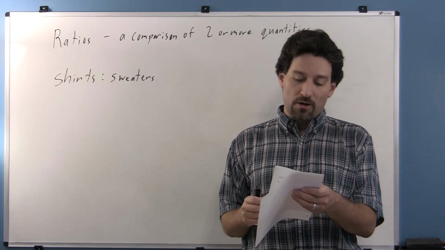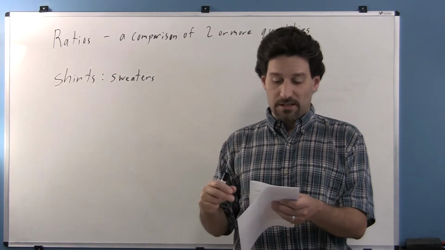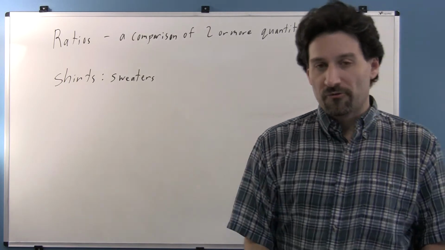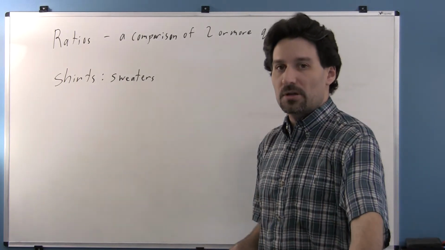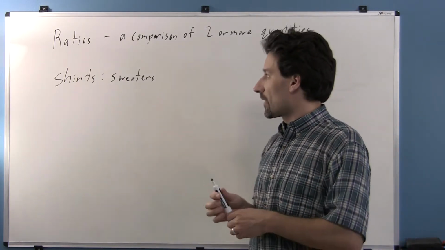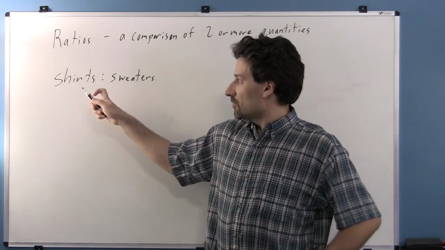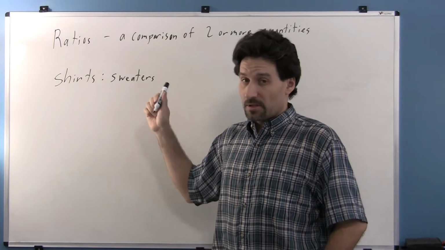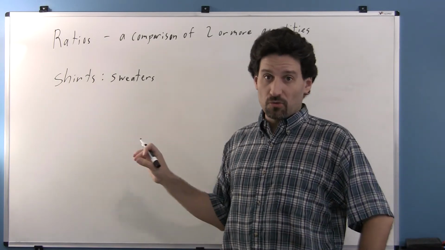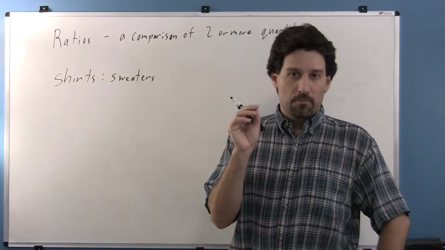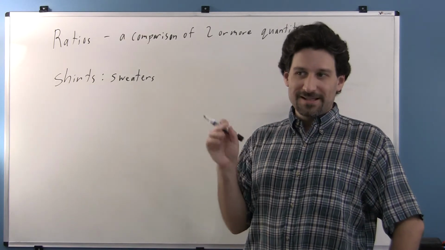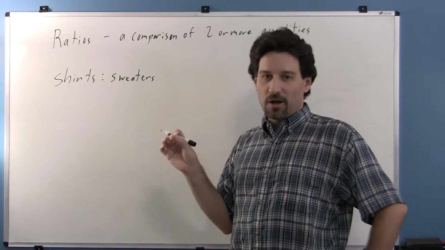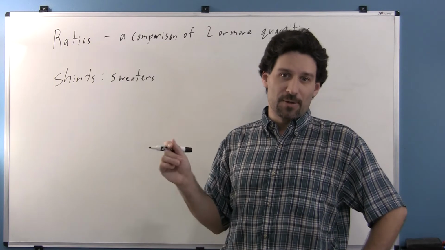The ratio of shirts to sweaters is, and so I'm going to show you a few different ways you can express this ratio. So this is, in words, shirts, sweaters. That's how you would show the ratio. Quick note, please make sure to keep an eye on what order they ask for the information.